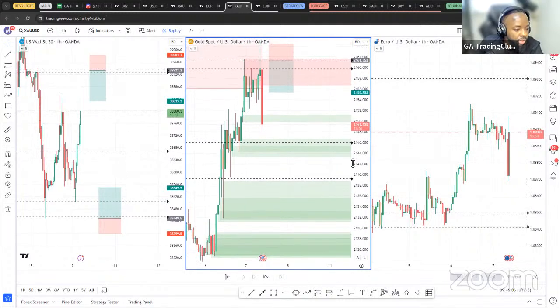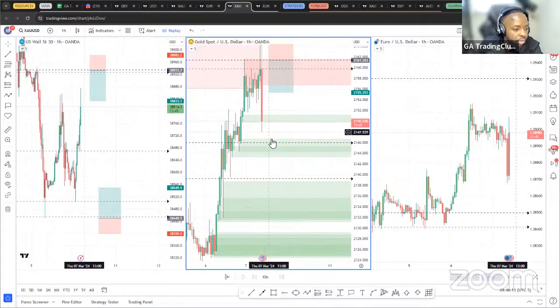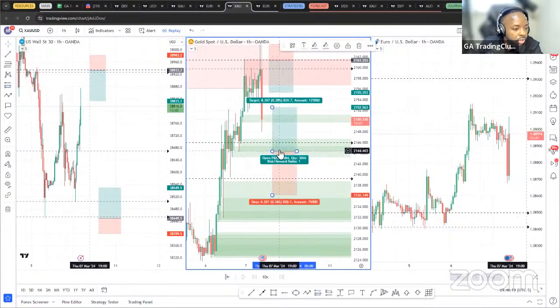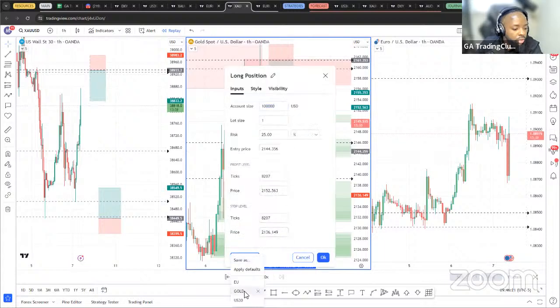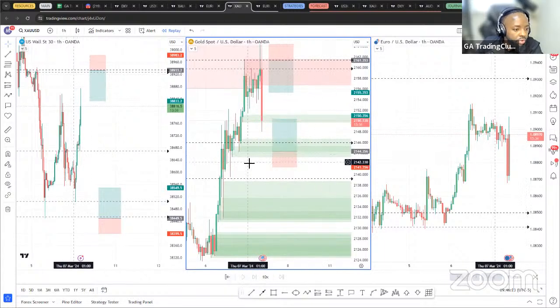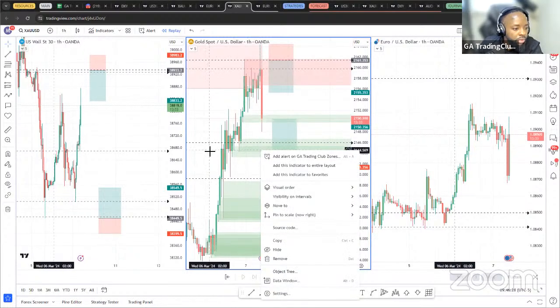Here on the hourly, I would say, yeah, this one right here, at 2144.5. Add an alert here as well.